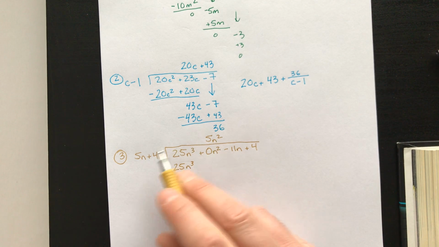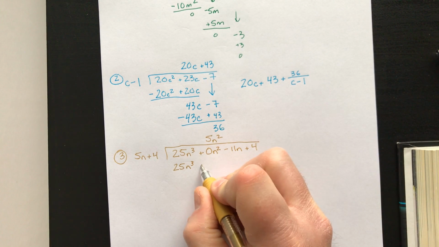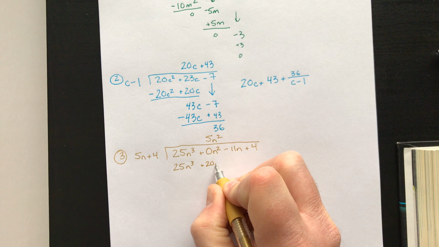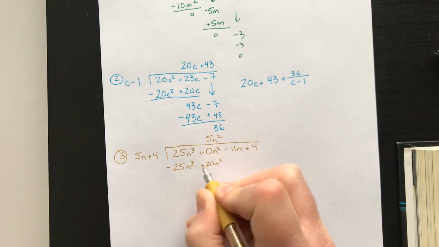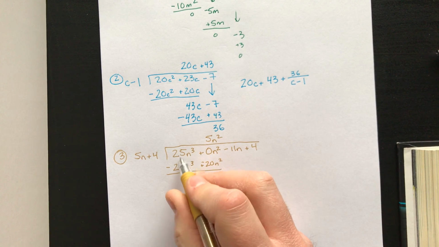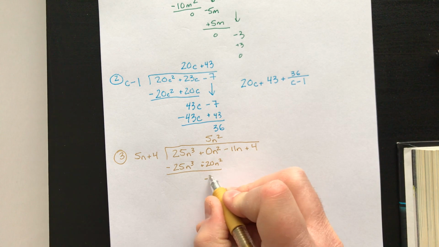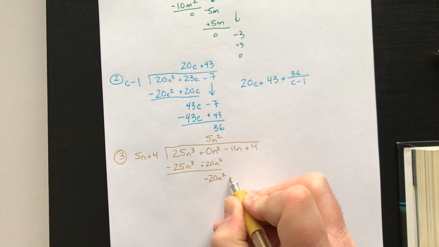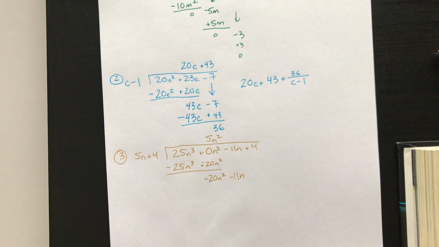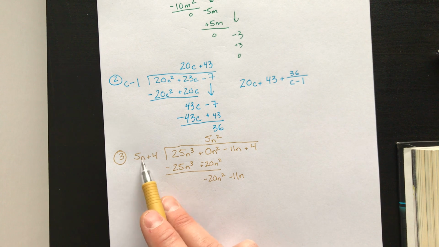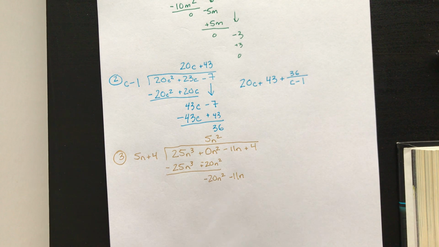Then we have 5n squared times 4 is a plus 20n squared. You change the signs so that this one goes to 0. Here we have a negative 20n squared minus 11n. And then you ask yourself, what times a 5n will give us a negative 20n squared?